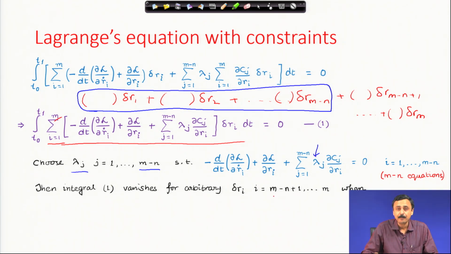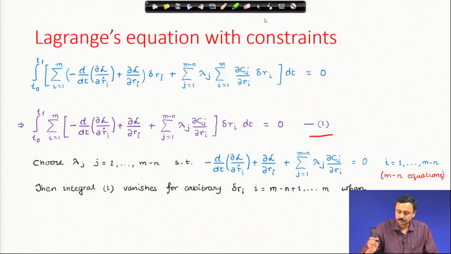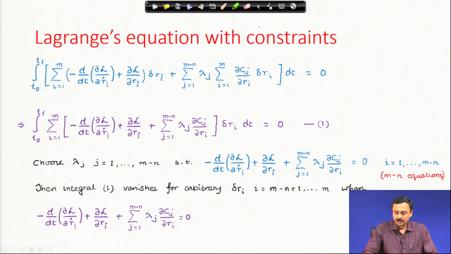Therefore, for i going from m minus n plus 1 to m, the integral will vanish when these coefficients vanish. In other words, these are the coefficients of delta R m minus n plus 1 to delta Rm, for i equal to m minus n plus 1 to m.